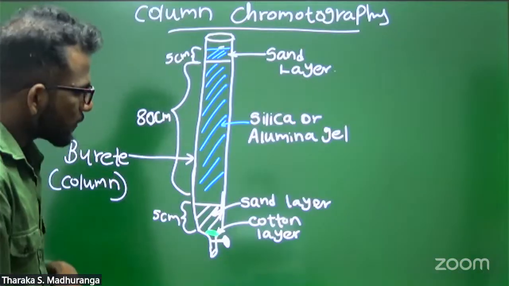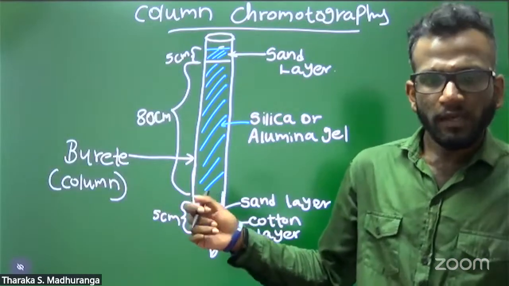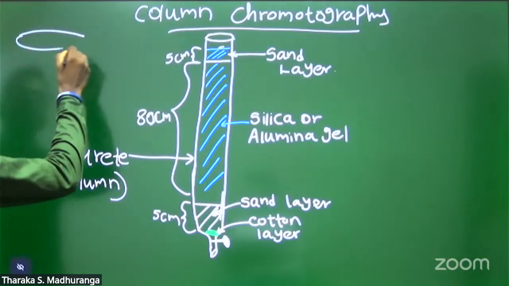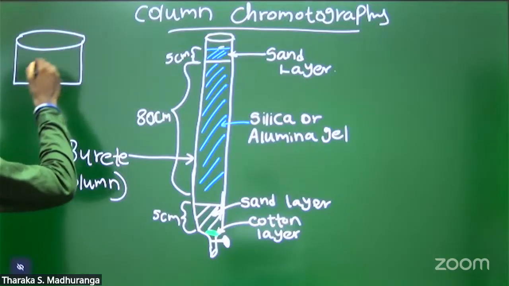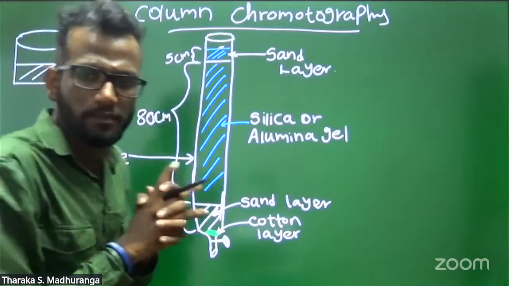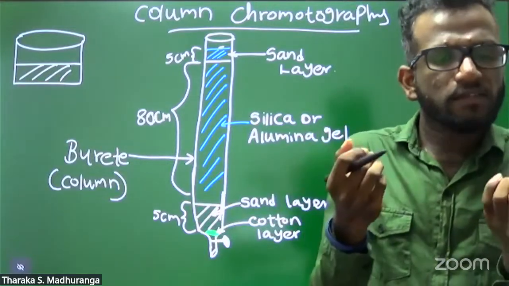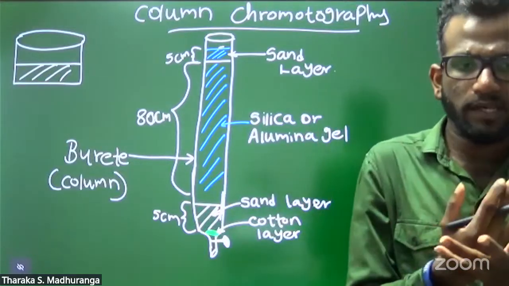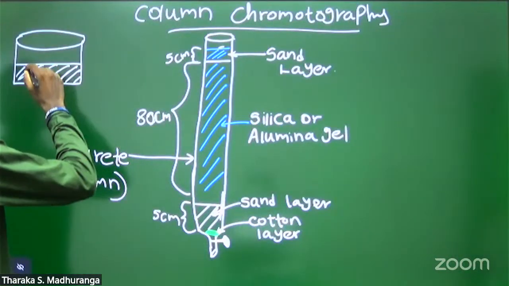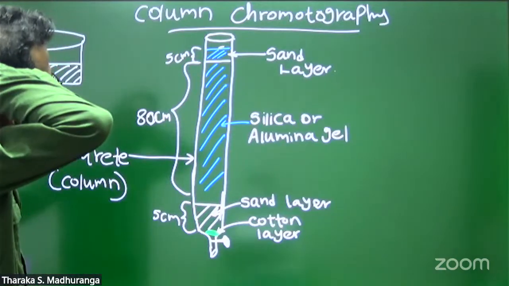Normally we use this method when we have one crude product that contains huge impurities. In these cases, we use column chromatography.